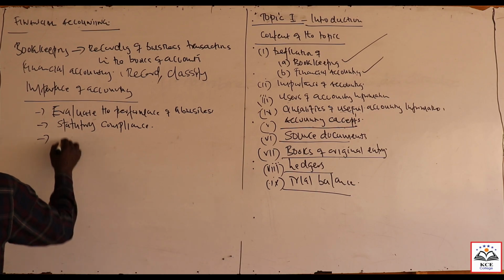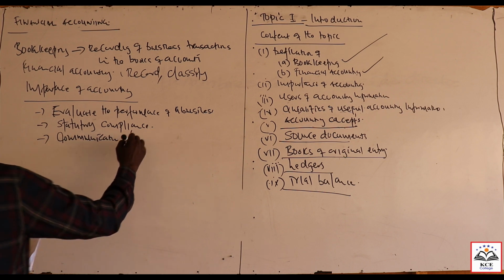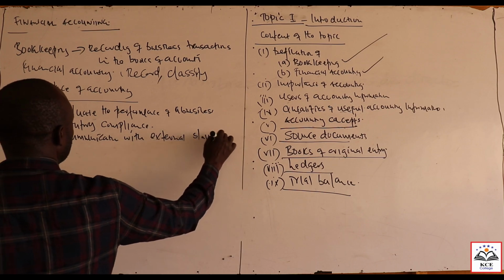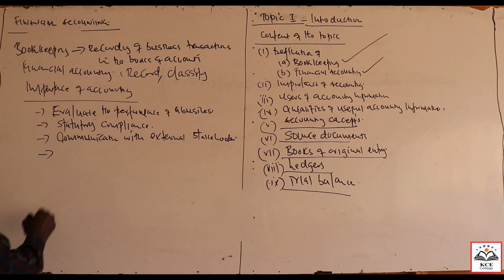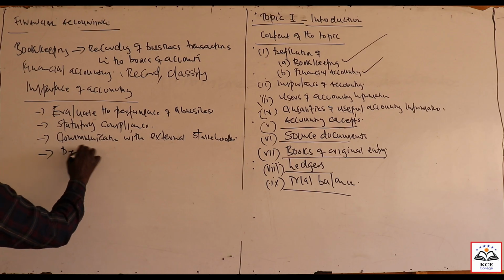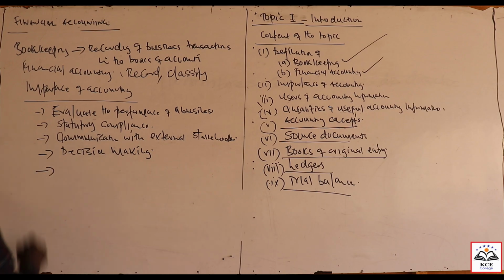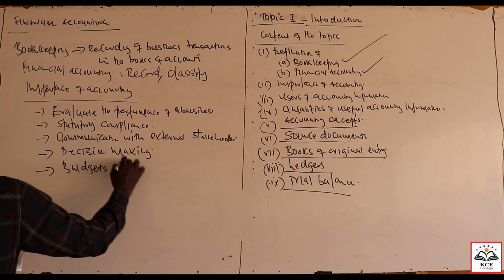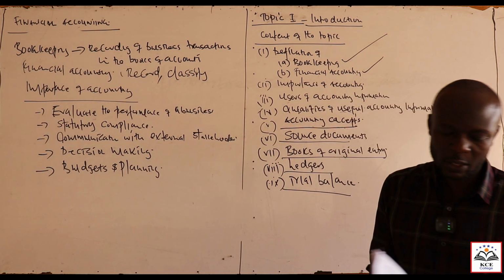Number three, communication with external stakeholders. Number four is decision making. Number five is for budgets and planning, among others. So these are some of the reasons as to why we need financial accounting.